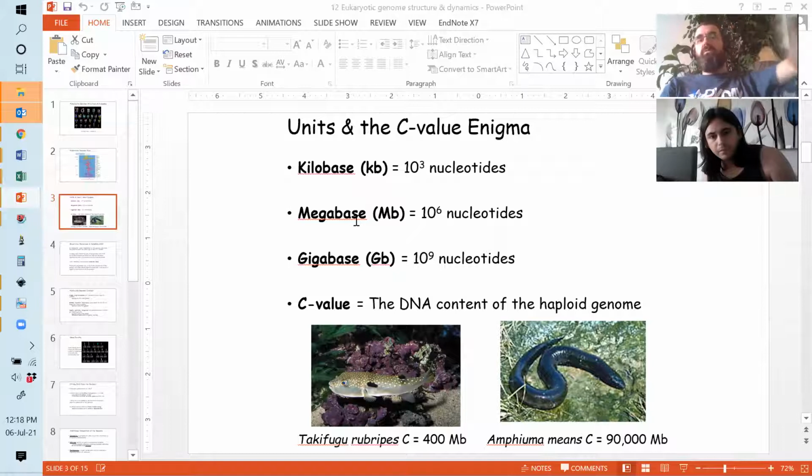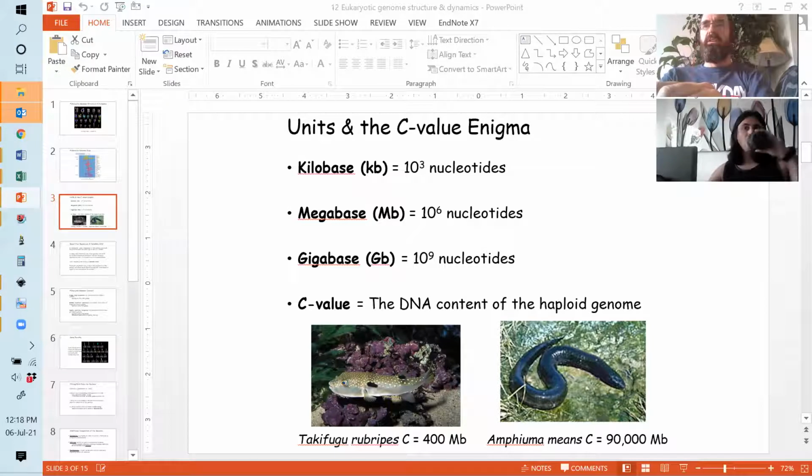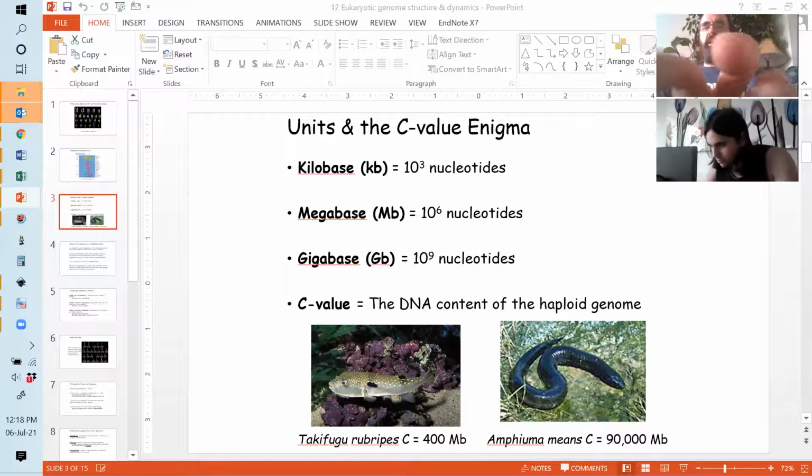So for example, C. elegans, my favorite model organism, which has 939 cells. And it has around 20,000 genes.